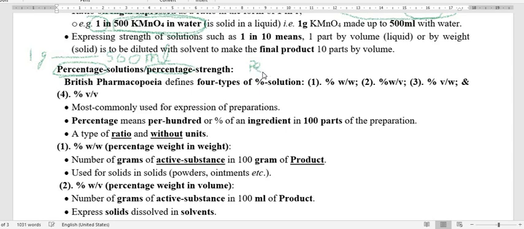As per the British Pharmacopoeia, the percent strength or percent solution is represented by four types, and these percentage solutions may be weight by weight, weight by volume, volume by volume, and also volume by weight. This is the expression of percent solution as given by the British Pharmacopoeia.